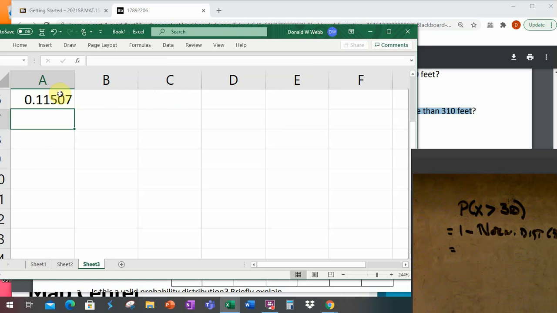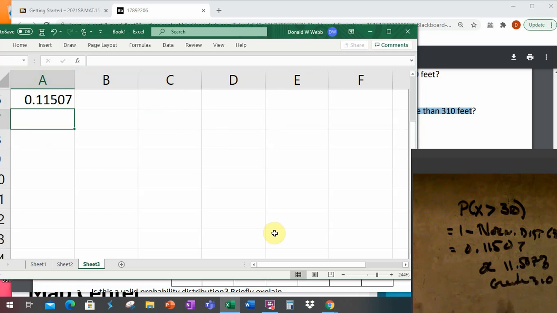So that would be the area or the proportion that's greater than 310. This number is 0.11507, or 11.507% of the balls are greater than 310.